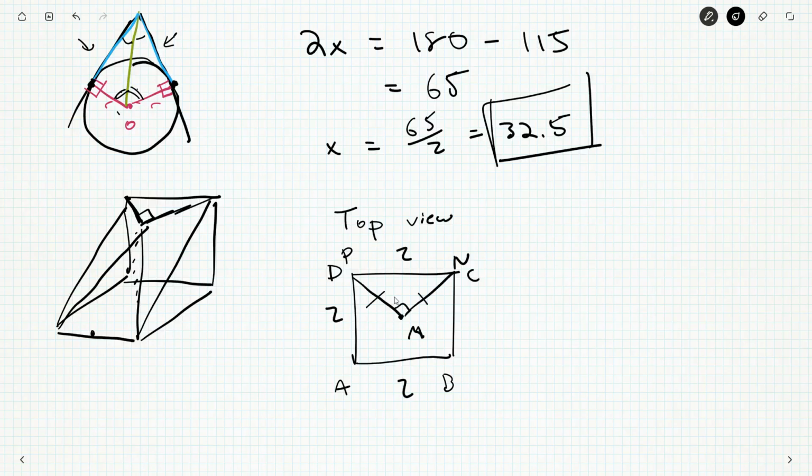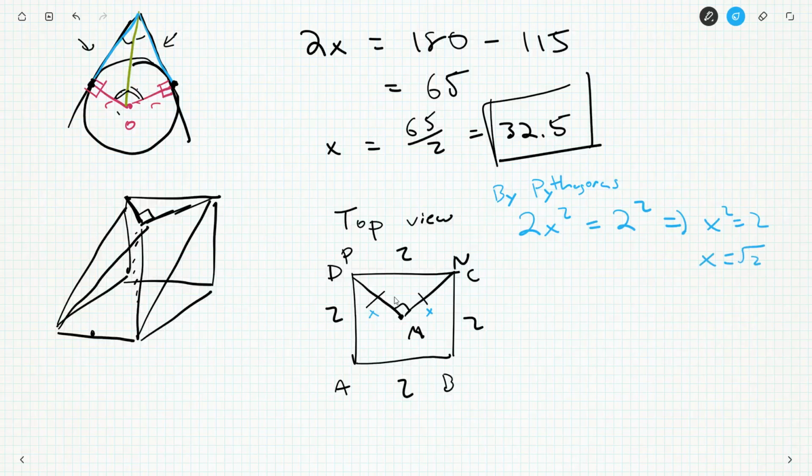All of these side lengths are 2. And so if we call this x, we know by Pythagoras that 2x squared is going to be equal to 2 squared, so x squared is going to be equal to 2. x is root 2. Okay, so we've got these root 2's here.